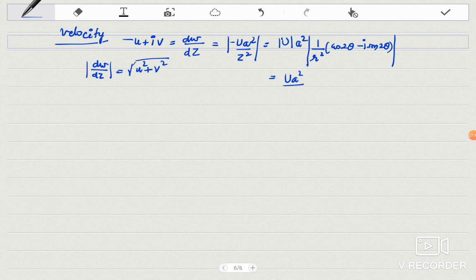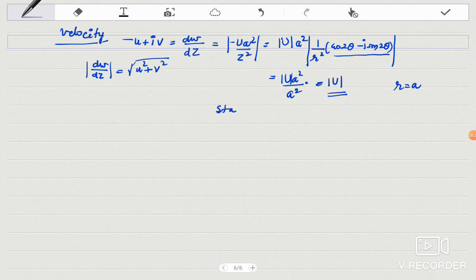Calculating, I get u a square upon r square; take it at r is equal to a. You can take r to be outside at r is equal to a, and this will give you 1. So what is it? It is the modulus of u. And you see it is independent of theta. It simply means that the modulus of dw/dz is u.